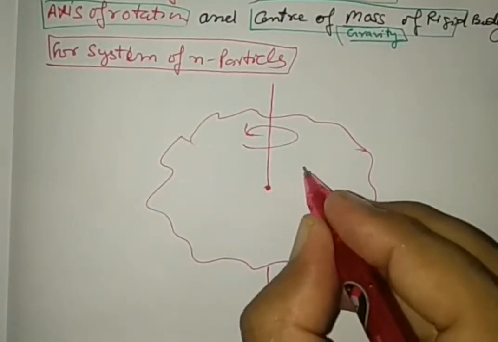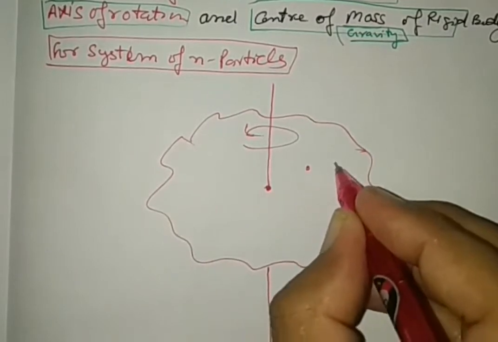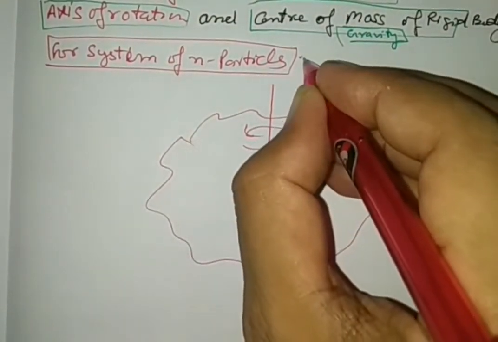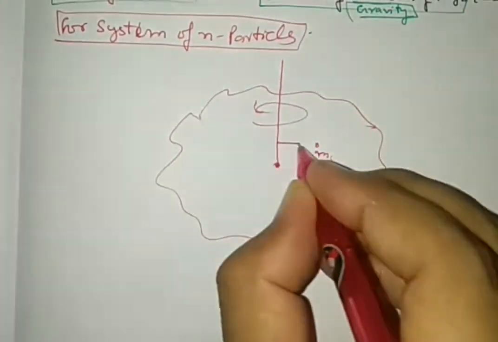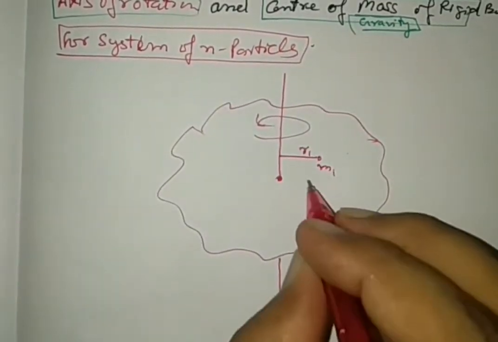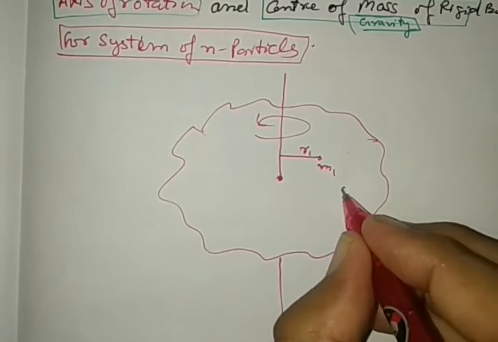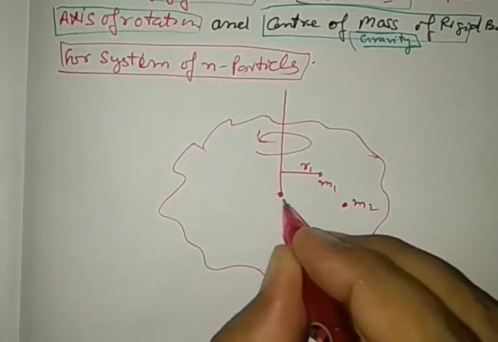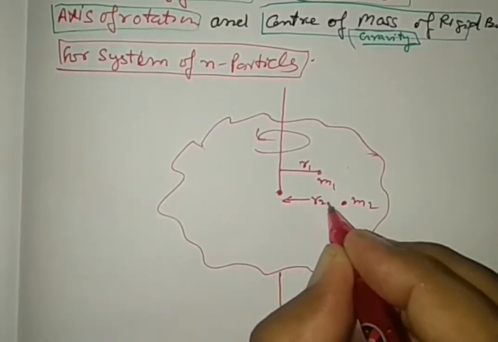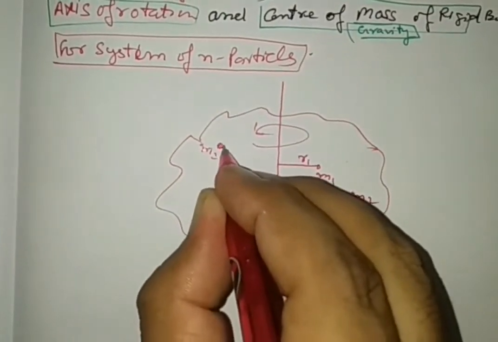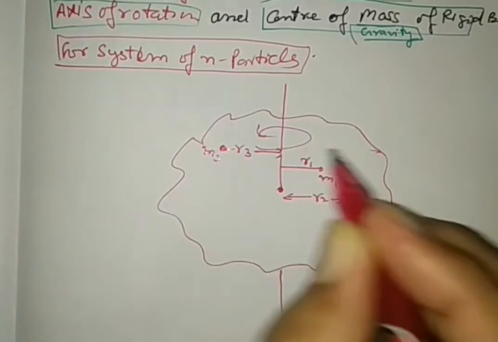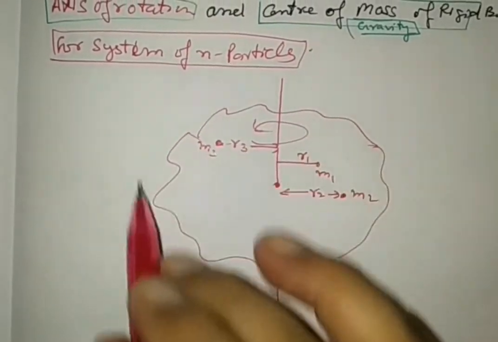Let this body be made up of n particles having masses m1, shortest distance r1, particle m2, distance r2, particle m3, distance r3, and so on.